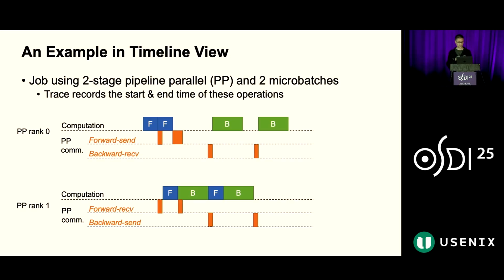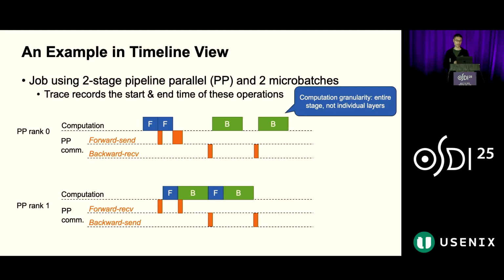And they are arranged in different lines where every line represents one CUDA stream. In the computation stream, you will have operations for forward and backward propagations. And they are recorded at the granularity of the entire pipeline stage instead of individual layers. And in the communication streams, you will have forward send-receive and backward send-receive kernels.